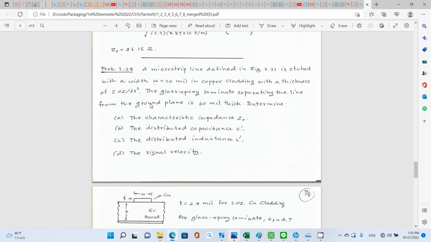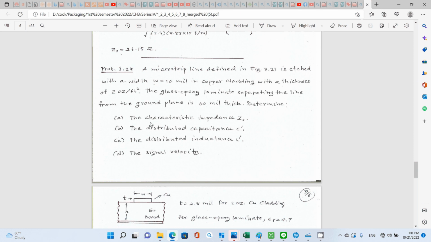Problem 3.28. A microstrip line depicted in figure 3.21 is etched with a width W equal to 10 mil in copper cladding with a thickness of 2 ounces per feet square. The glass epoxy laminate separating the line from the ground plane is 60 mil thick.